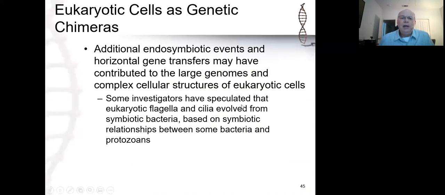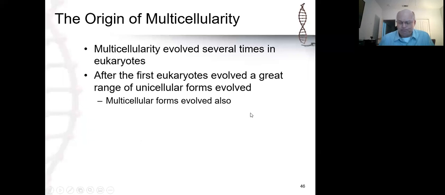So once we have the early eukaryotic cells, the next thing is multicellularity. And that almost certainly arose a number of times independently amongst the ancestors of the three major eukaryotic kingdoms, meaning fungi, Plantae, and Animalia.